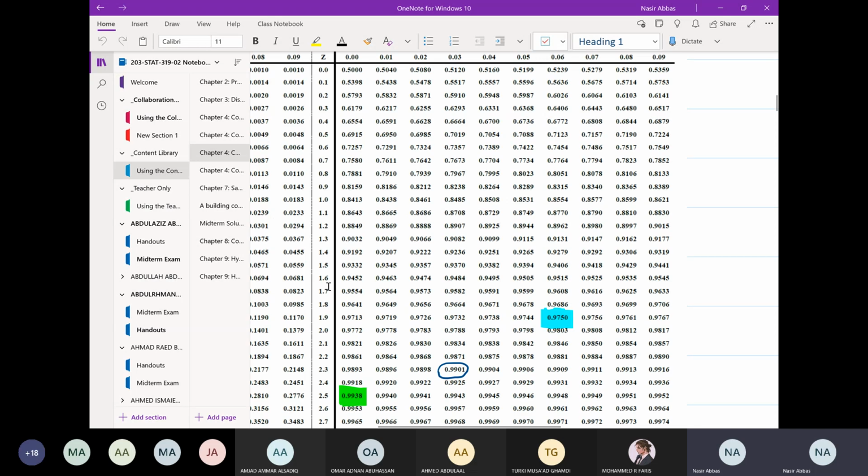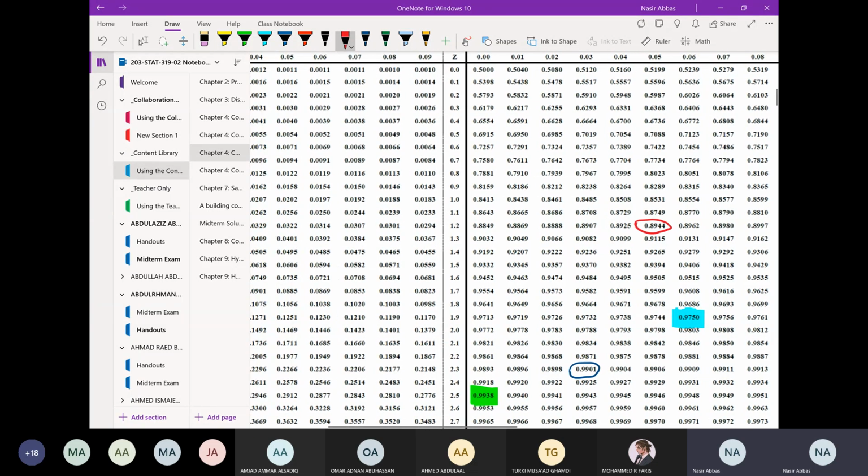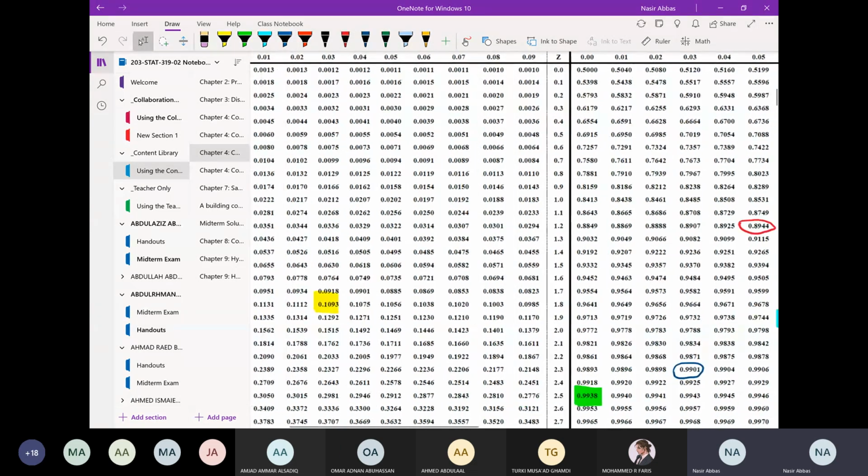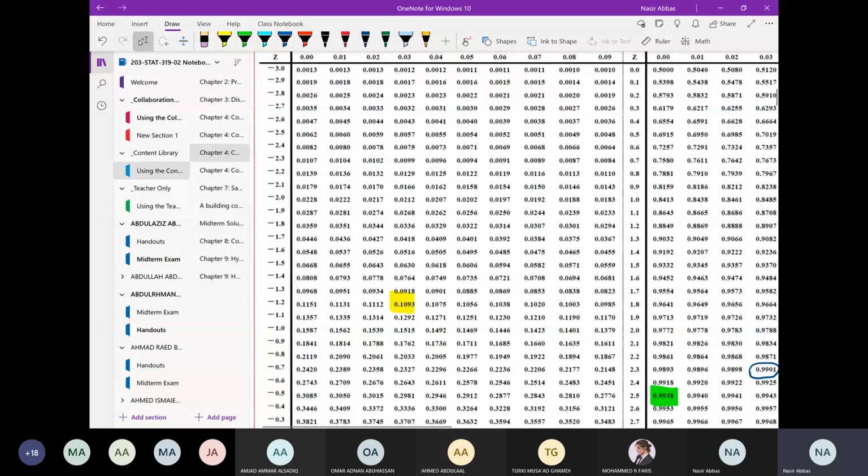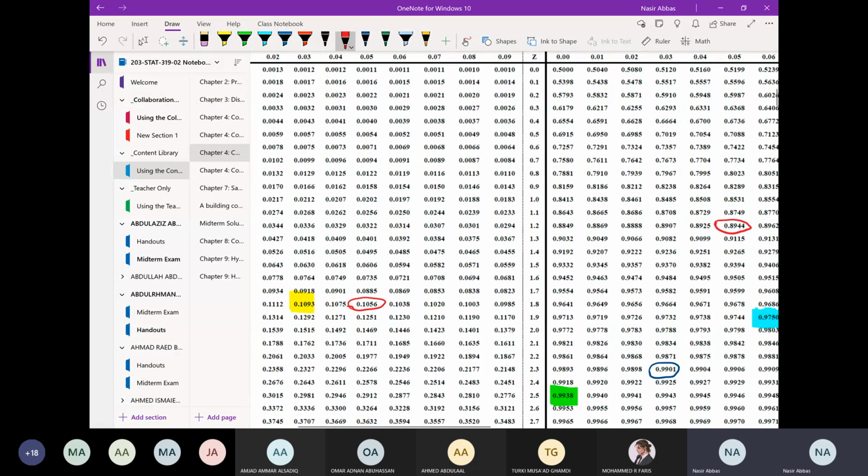So less than 1.25, I'll circle 1.25. That is 0.8944. This is one of them. And minus 1.25, that is 0.1056.